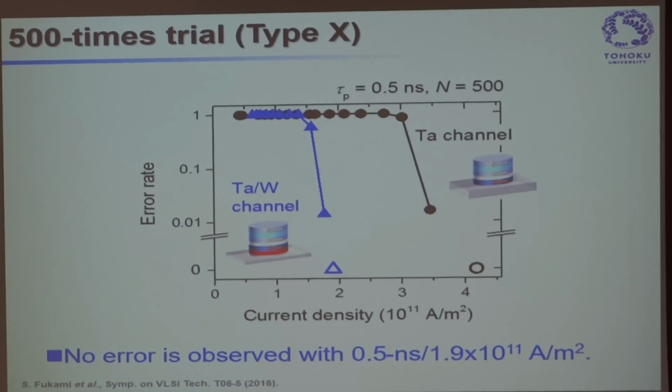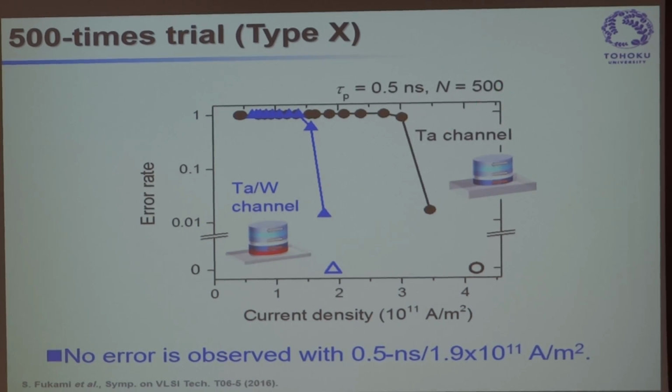And in order to reduce the switching current density, for example, we all know that there are materials that can give you higher spin Hall angle, for example, tungsten. And this is the tungsten channel, and this is the tantalum channel that I have just shown. So at 500 picoseconds, we can reduce the threshold current by, well, let's say a factor of 2 or so.